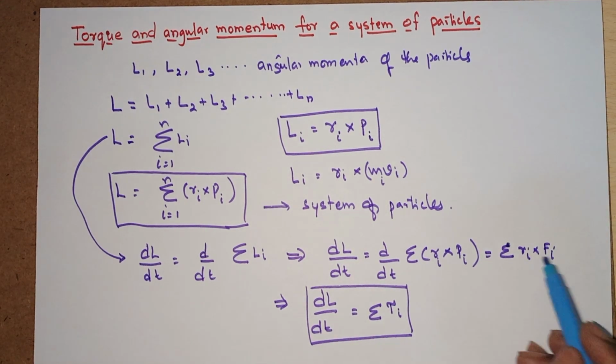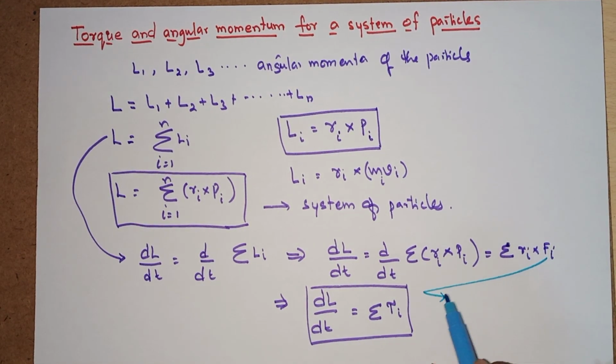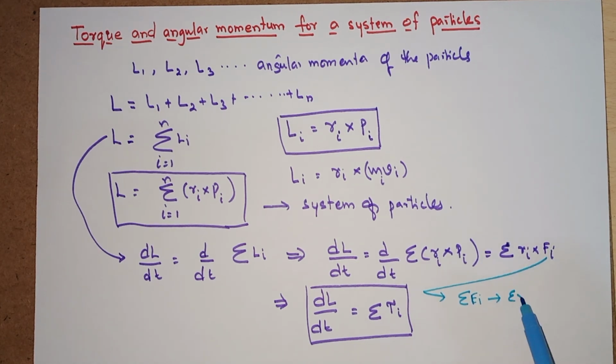What is Fi here? This is the ith particle force, right? Now summation Fi, let us say, is actually the external forces, which are called external forces, right?